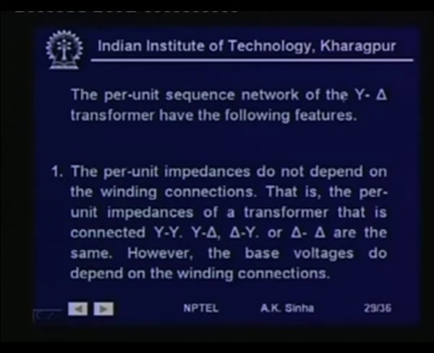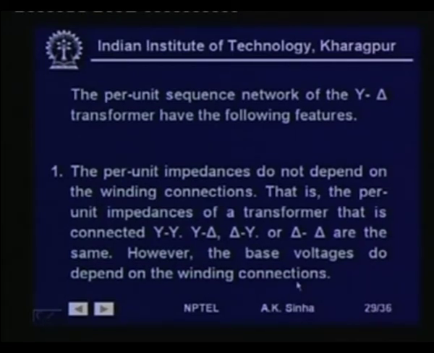The per unit sequence network of star delta transformer has the following features. The per unit impedance does not depend on the winding connections. That is, the per unit impedances of a transformer connected star star, star delta, delta star or delta delta are the same. However, the base voltage does depend on the winding connections.